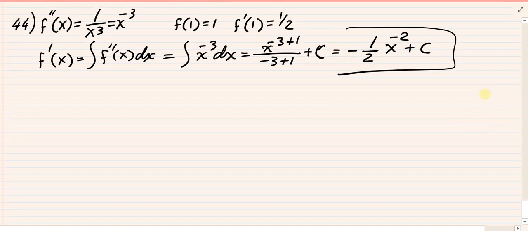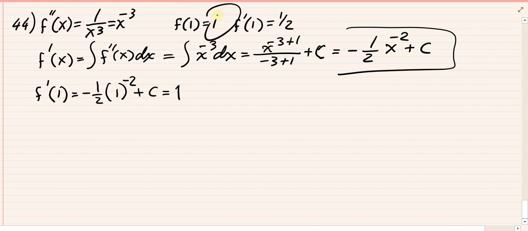Okay, now let's work our initial value problem here right away. So f prime at 1 means negative 1/2 times 1 to negative 2 plus a constant should be 1. That's what we're told. Now 1 to any power is 1, so that means negative 1/2 plus c equals 1.